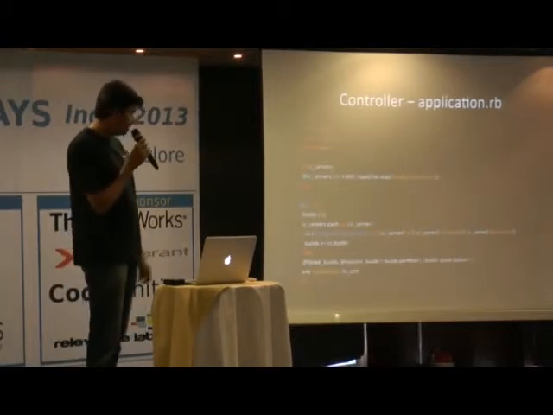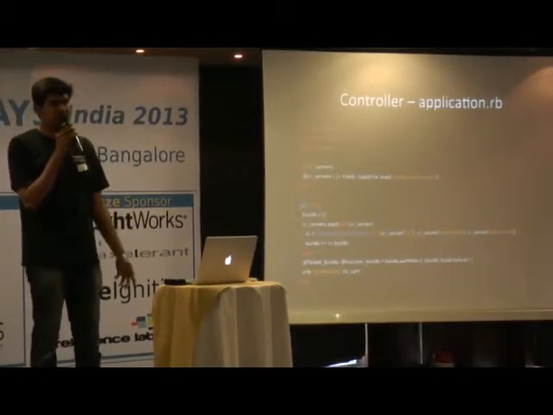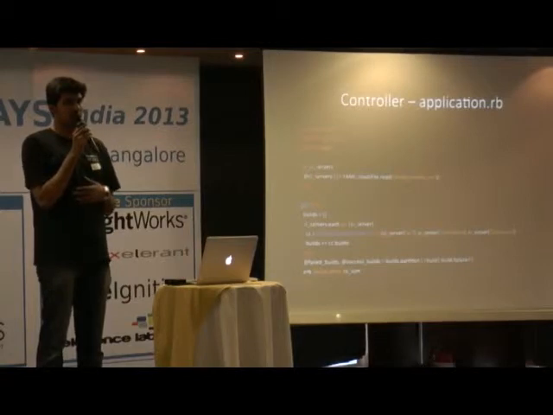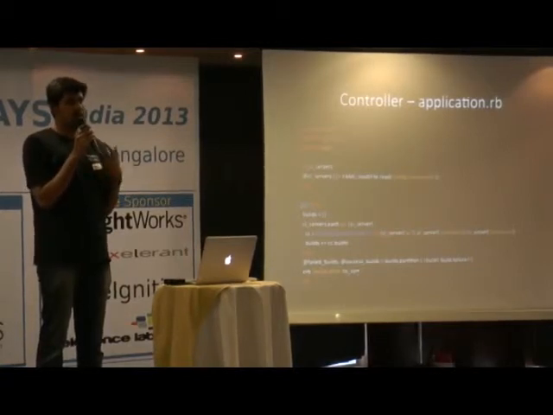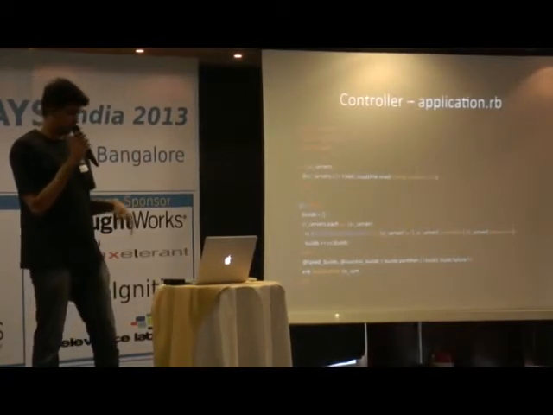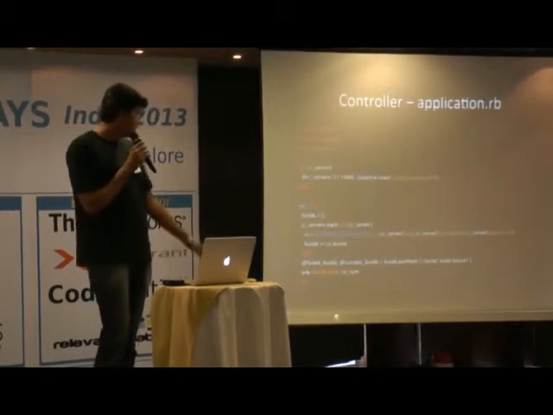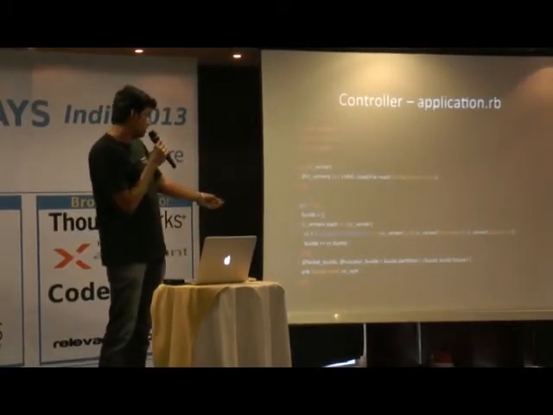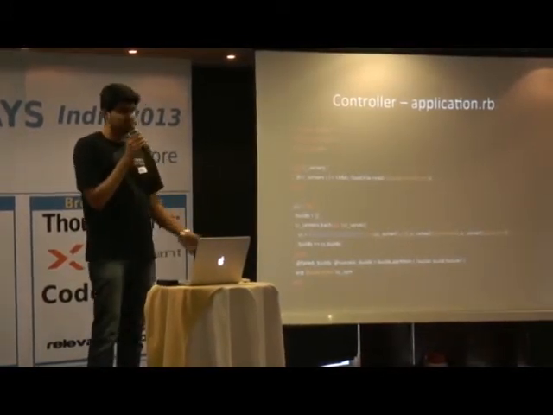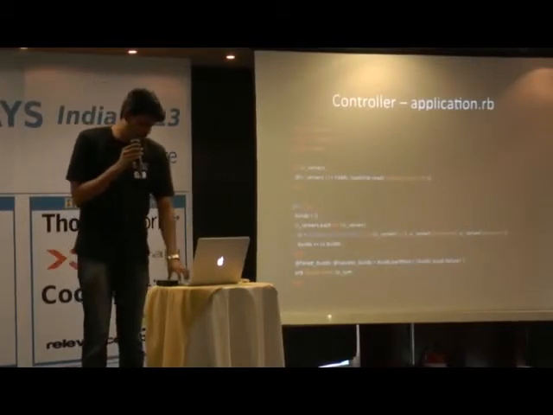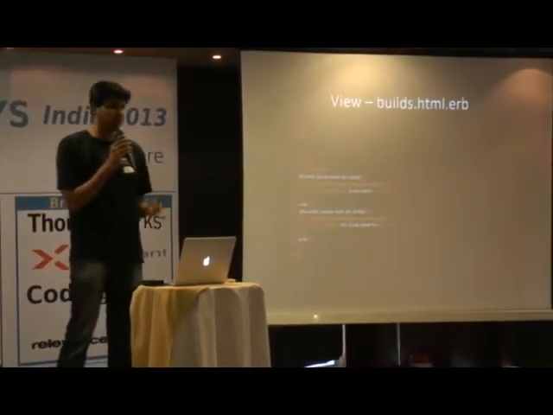These builds have various information about what was the status of the build, the time it took, and when it ran. What I'm doing over here is partitioning these builds into 2 parts, failed builds and passed builds. And I'm passing it to the view.